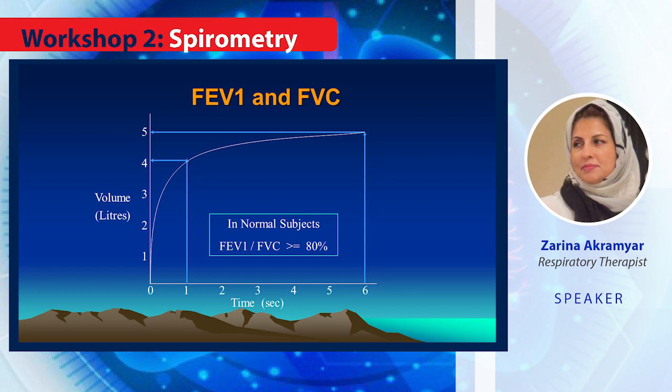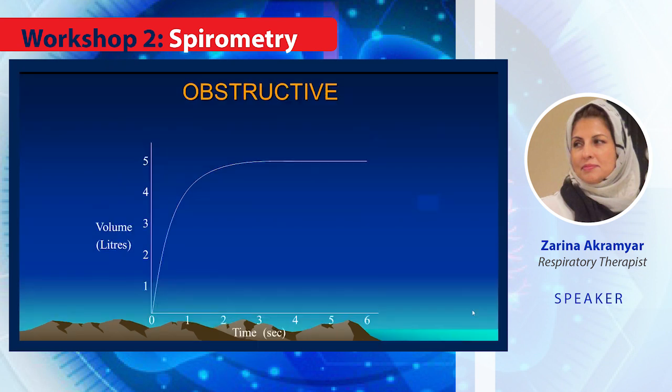Now we will look at an obstructive patient. An obstructive patient does not blow like that; they blow differently. The FEV1 over FVC ratio has to be more than 70 percent.